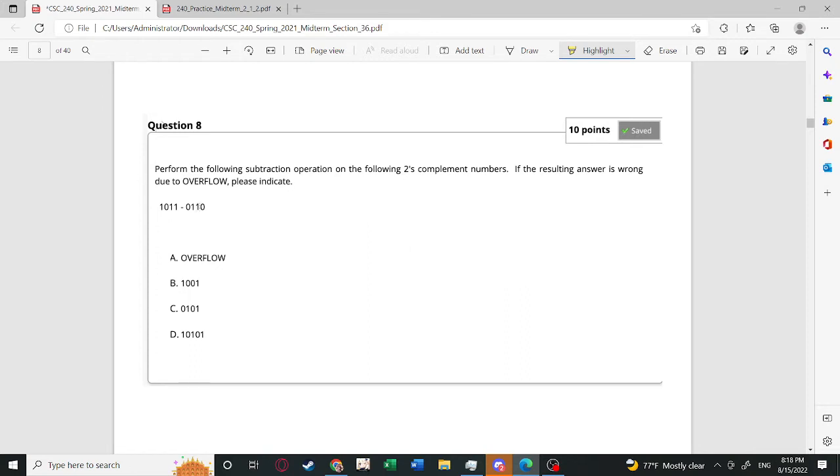Now, perform subtraction operation to the following 2's complement numbers.